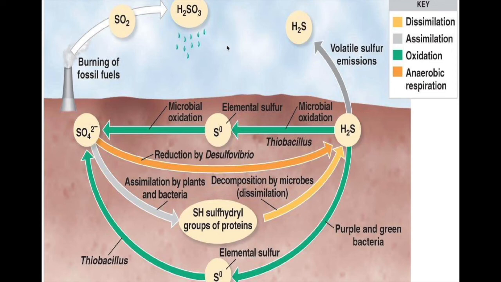So in this particular diagram, we start with the sulfur dioxide, which eventually will become sulfate in the atmosphere. Whenever there is precipitation, there will be sulfur that will land or precipitate on the soil.